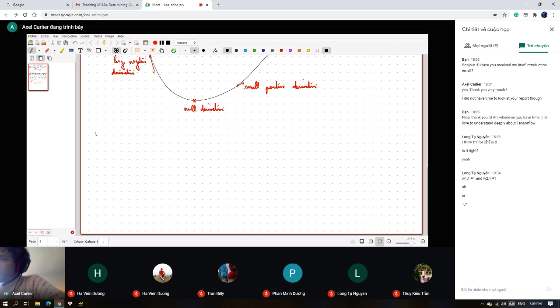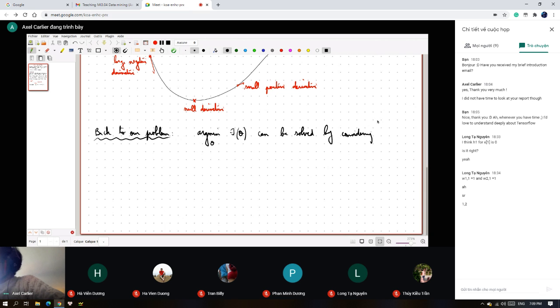So back to our problem. Argmin of j of theta on theta can be solved by considering the equation dj divided by d of theta equals 0.